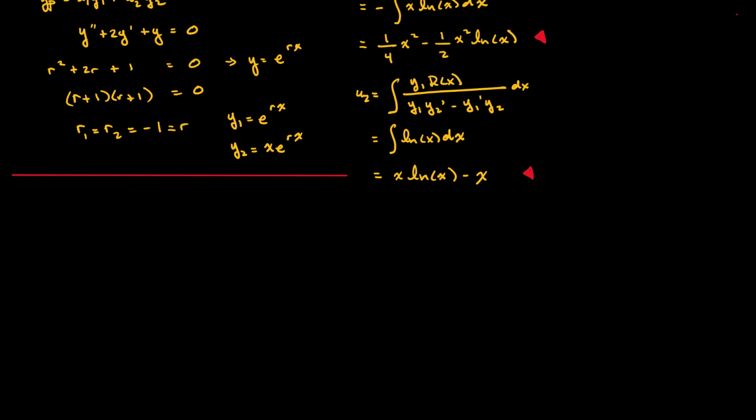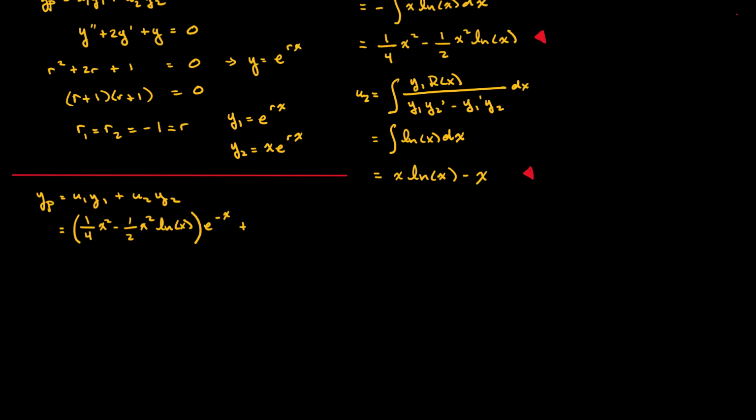Having found u1 and u2, we can find an expression for the particular solution yp, which is equal to u1 y1 plus u2 y2. We found u1 to be 1/4 x squared minus 1/2 x squared ln of x. We multiply this by y1, which is e to the negative x.